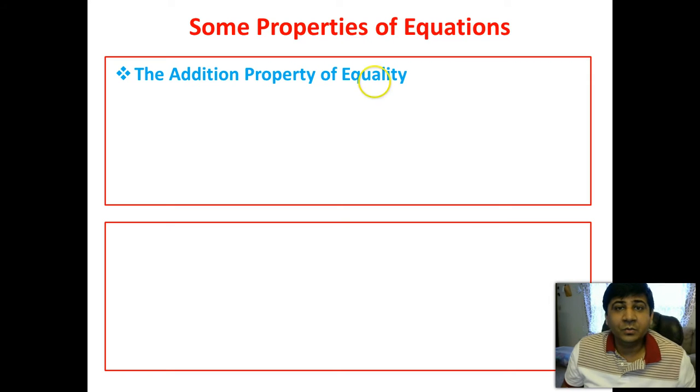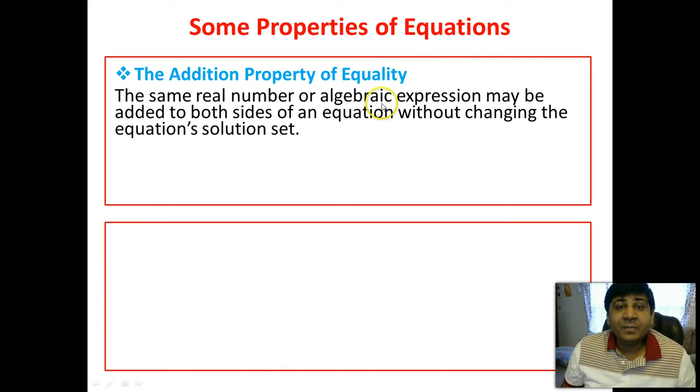In words, the same real number or algebraic expression may be added to both sides of a given equation without changing the equation's solution set. So this is allowed. We can add anything, as long as we add the same number to both sides.